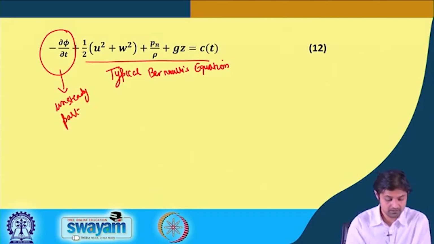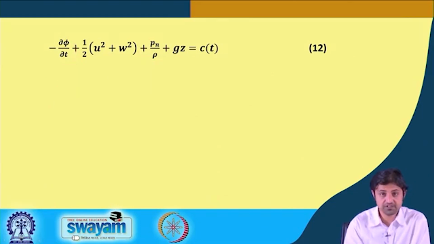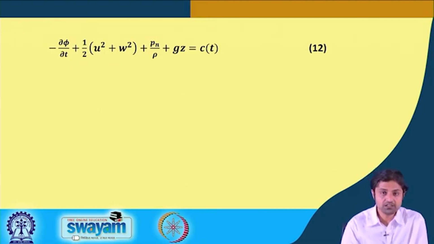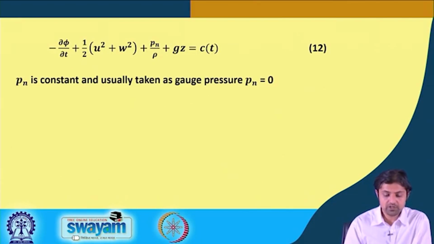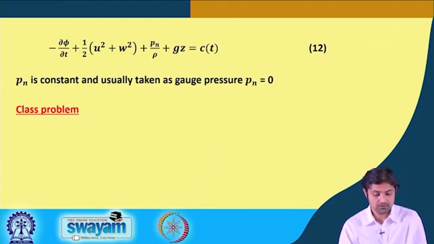All right. So, to derive the dynamic free surface boundary condition, we make use of the unsteady Bernoulli's equation. Here Pn is constant and usually taken as gauge pressure, that is 0, atmospheric pressure, so we take Pn equal to 0.